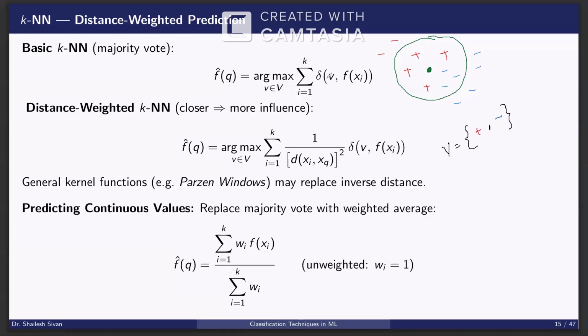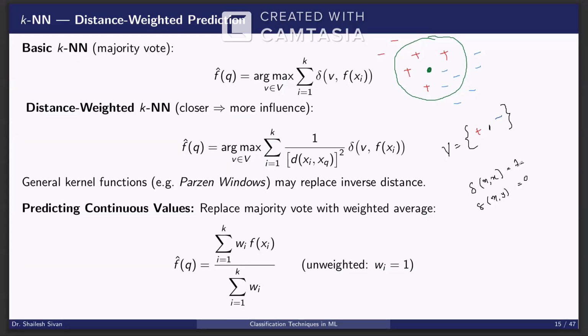So we have to find a v such that delta of v comma f of xi is maximized. What is this delta function? Delta of x comma x is 1, delta of x comma y is 0.